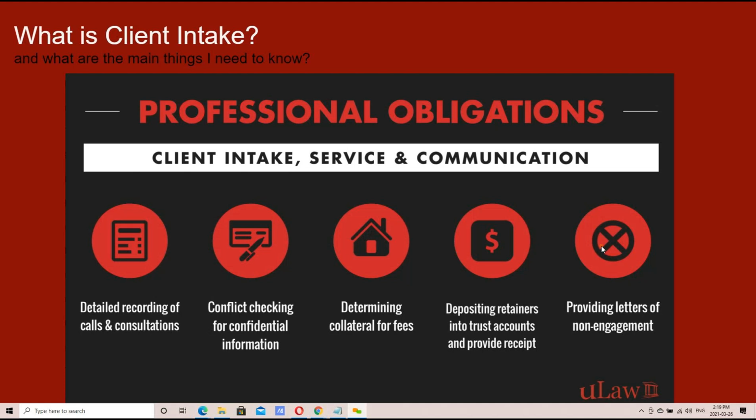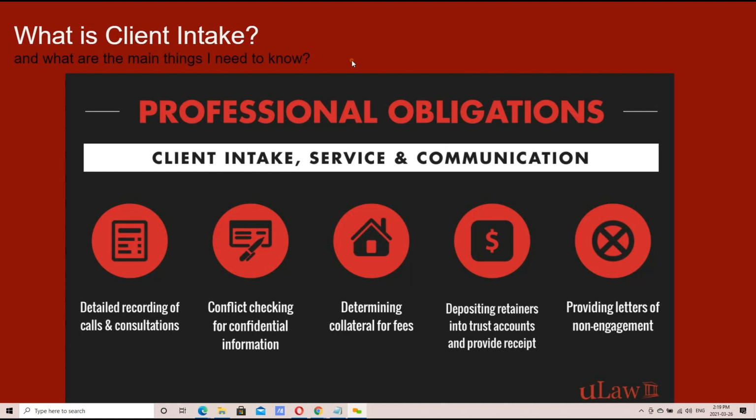So if you have determined as a legal firm that for whatever reason there's a conflict and you cannot represent this client, right away send them a non-engagement letter that clearly articulates that you as a legal firm are no longer responsible for that particular matter or scope of matter that that prospective client was bringing to your attention, right? Because you don't want to leave the client assuming that you are still responsible for that matter.